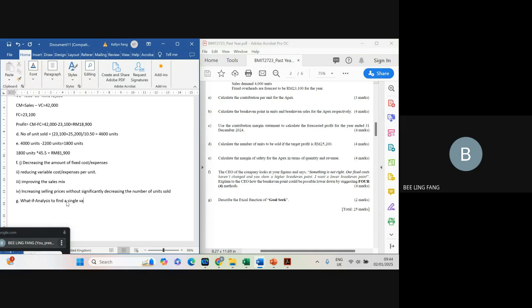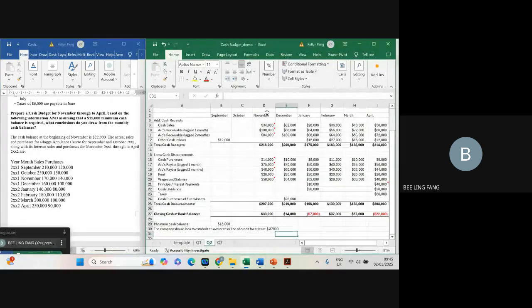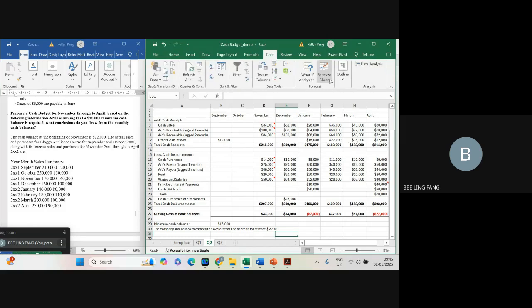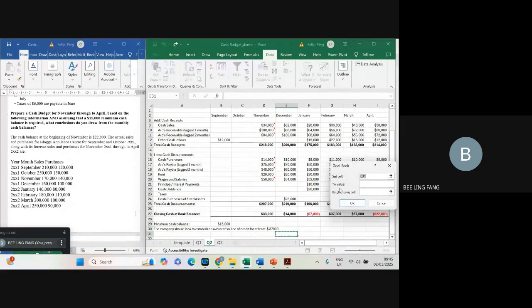Just use your own words. Or you can go to Excel, look for the Excel data. When you put the variable you want, you can just click it. So you say you need to set cell to value by changing cell to find a single value.